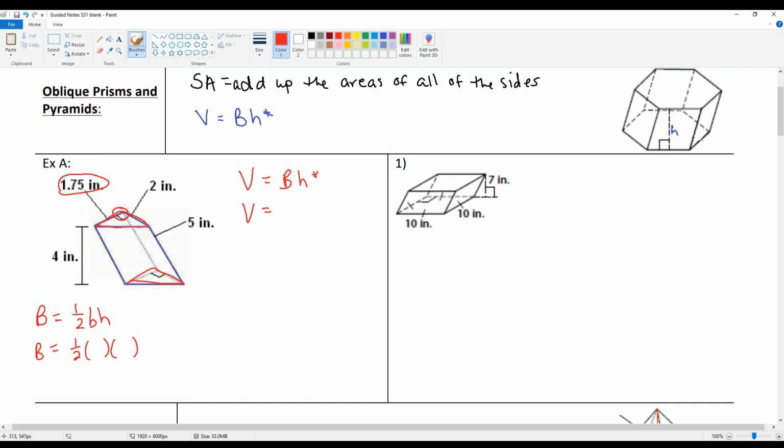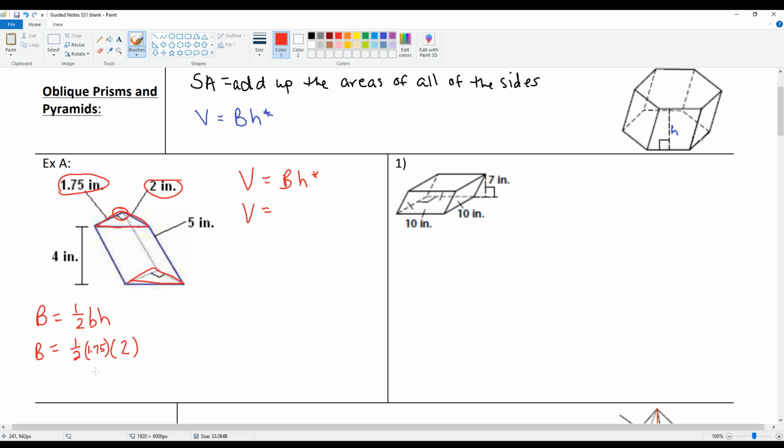And then the height would have to meet it at a right angle. And that would be this 2-inch side right here. So those are my base and height. They are interchangeable in this problem because they're both sides of the triangle. This is a right triangle. So 1/2 base times height, that's going to be 1.75 and 2.